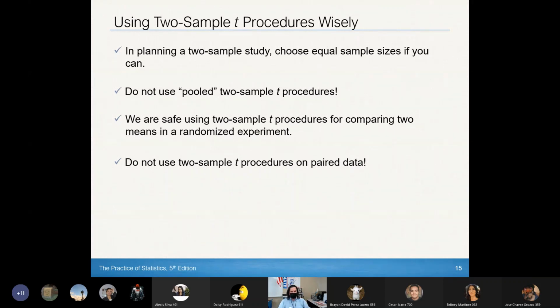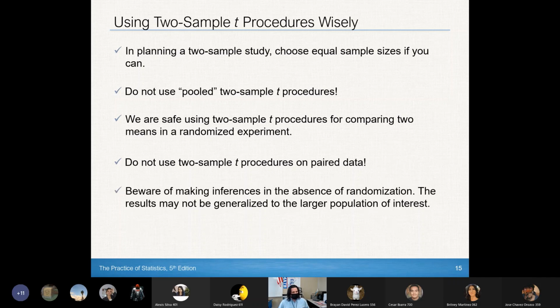Or you're comparing results within the same population, where we can compare the differences of those things, but it's within the same group or population. Otherwise, when it's two separate populations or two separate groups receiving separate treatments, that's a two-sample t procedure.